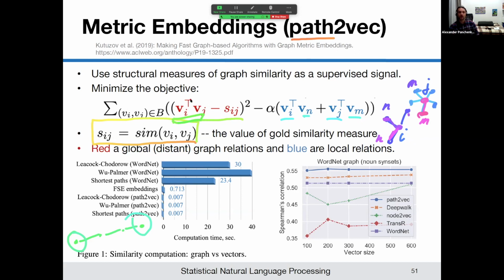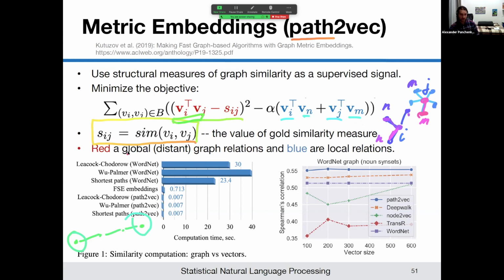So you have this target metric to learn, but also you have this local neighborhood. So then the graph is preserved in two ways. This idea is somewhat similar to node2vec in the sense that they want to preserve a balance between exploration of local and global structure of the graph.